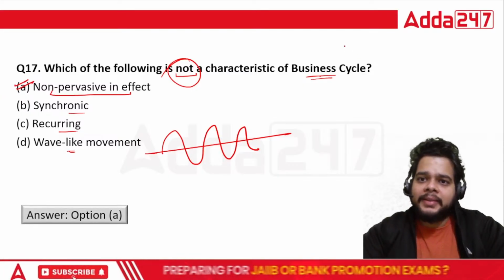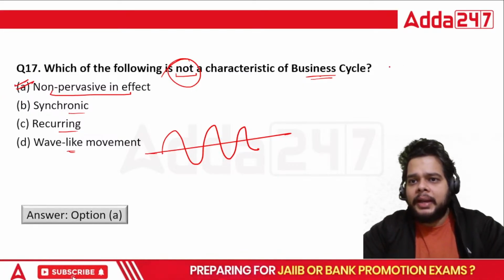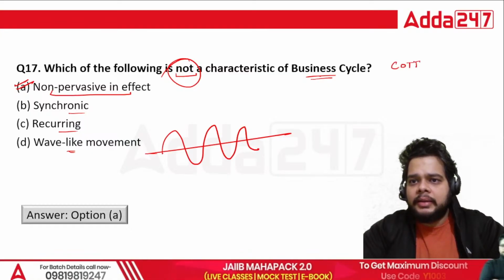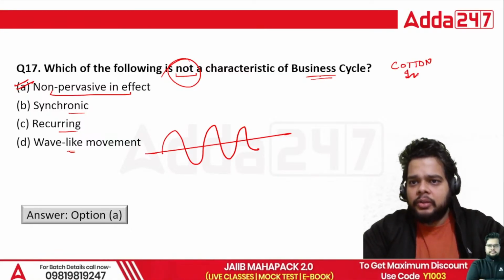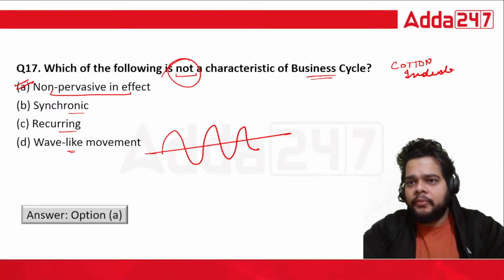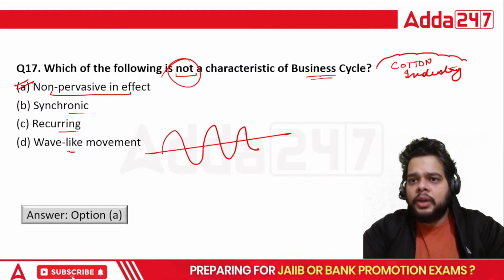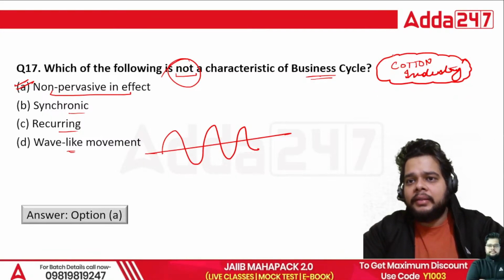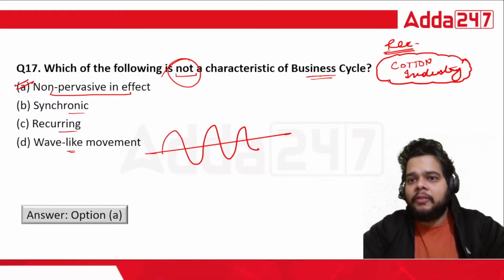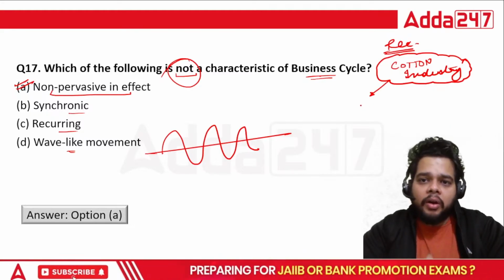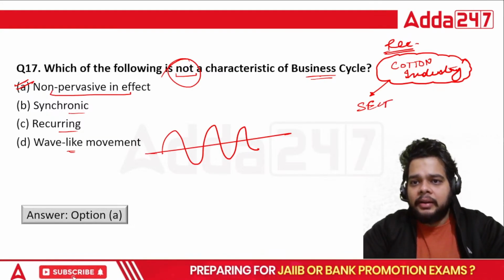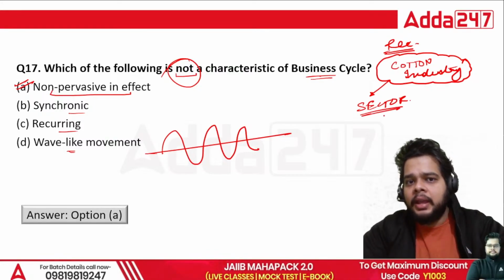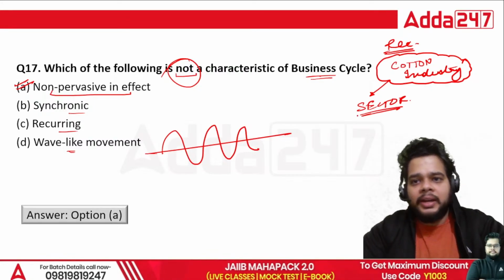What is pervasive? Supposing I am telling you that the cotton industry is reeling under stress. It cannot happen without the contribution from the other industries as well. So whenever there is recession in one industry, it is indicative of the fact that your overall sector will get hit. Right now, if it is working fine, but in future it will definitely get hit.